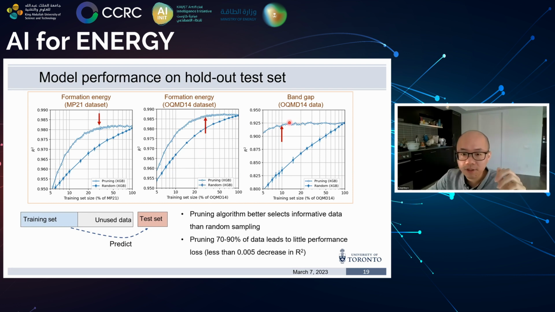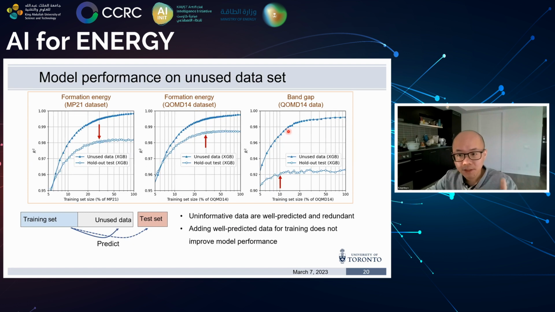And for the bandgap prediction in the OQMD dataset, even 10% of the data is sufficient, which is very surprising. So this means that we can remove like 70 to 90% of the training data without really damaging the model performance. Why?